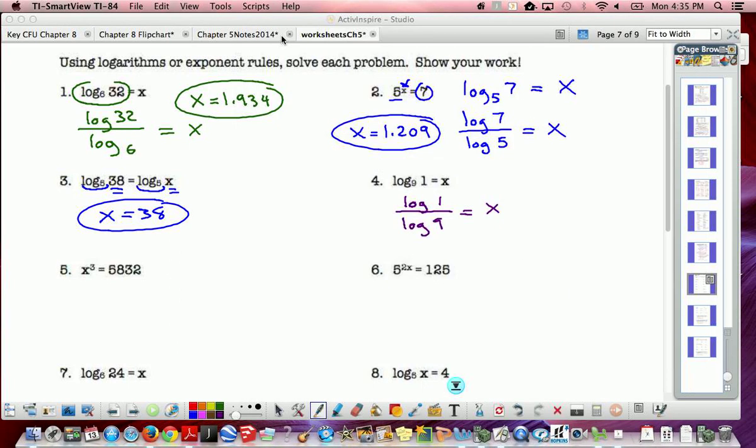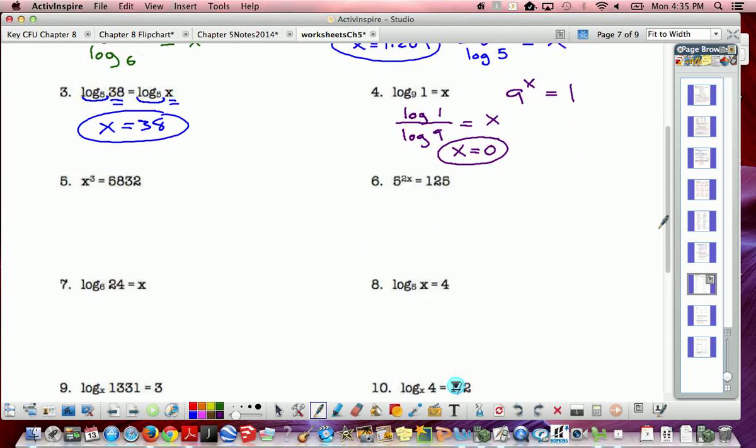Now you might be thinking, why in the world would x be 0? Excuse me. Oh, sorry about that. I might have another sneeze here. But just to show you, if I rewrite it in exponential form, 9 to what power is 1? Well, the only number that could be is 0. So the 0 does make sense.